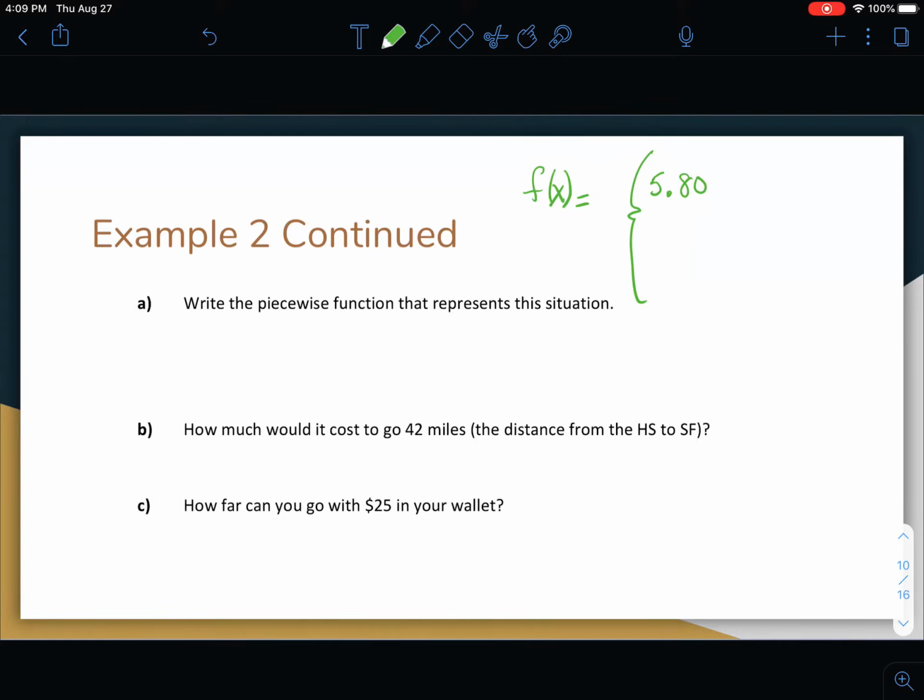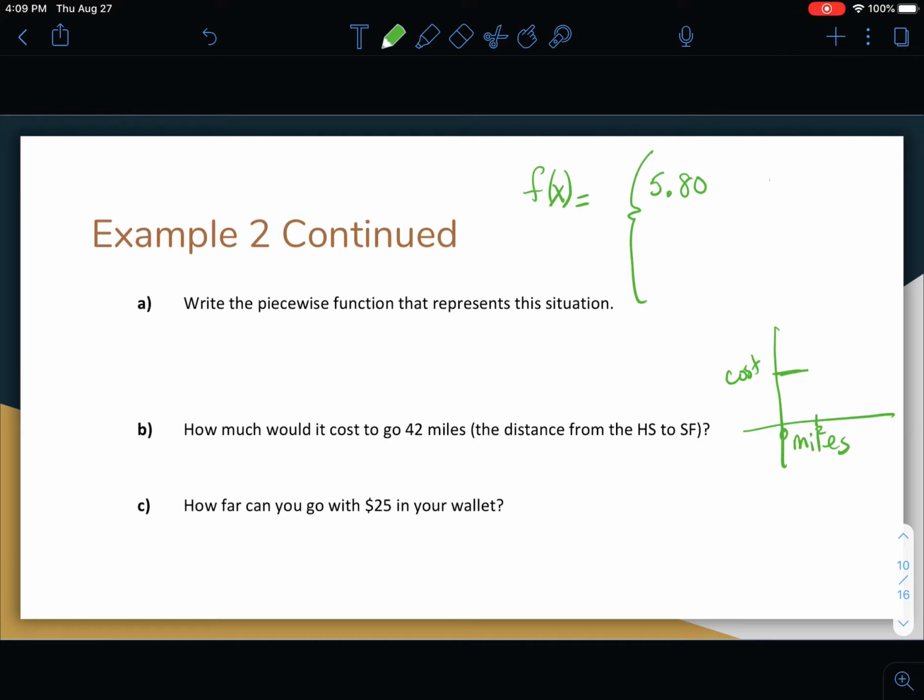And when you think about this on a graph, we're going to think about this as the miles and this is the cost. Okay, so for this $5.80, this is going to give us a constant where we're going to just have that horizontal line from 0 to 2 miles.